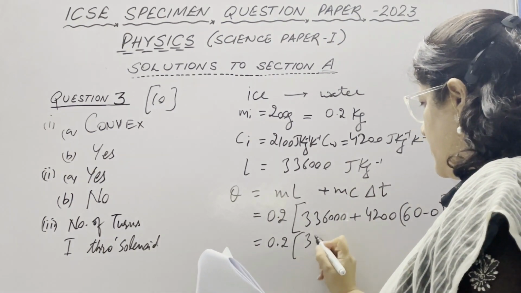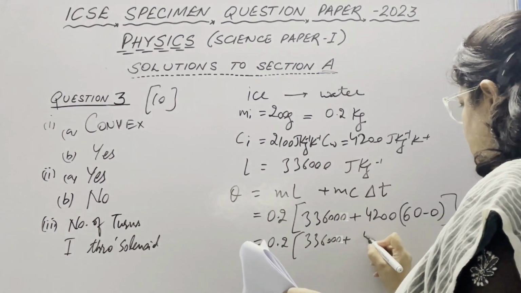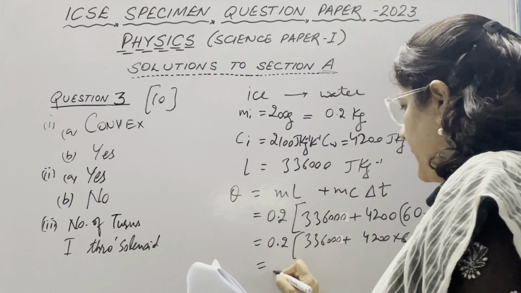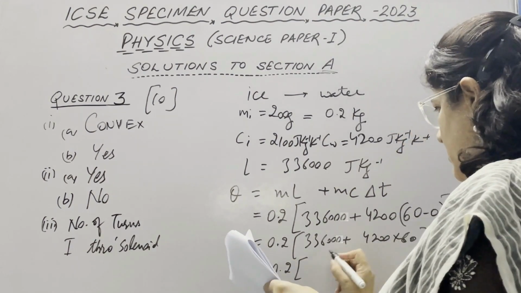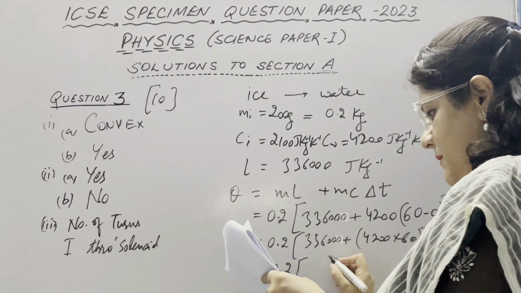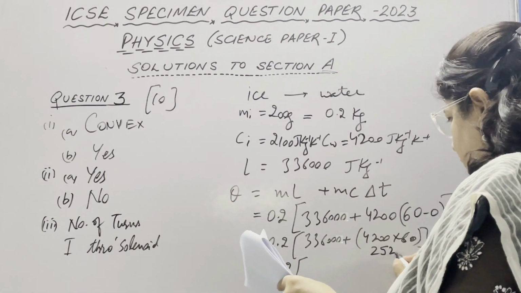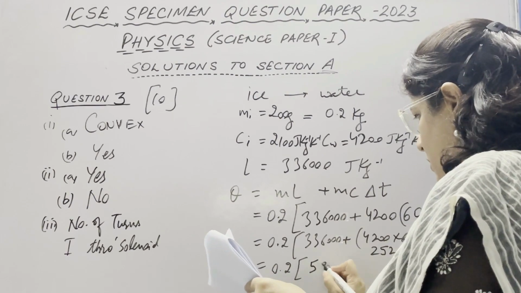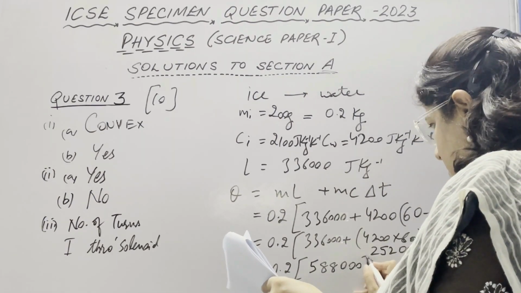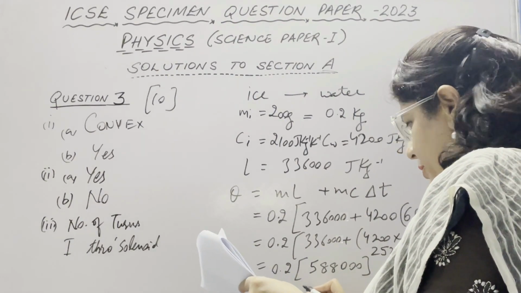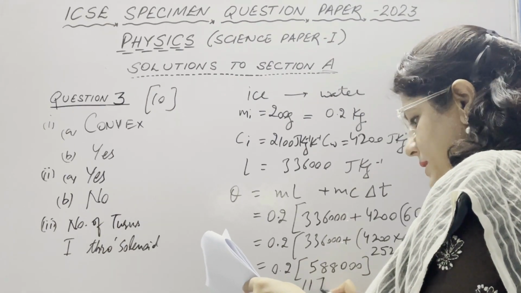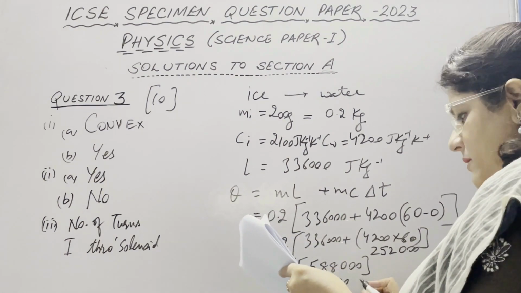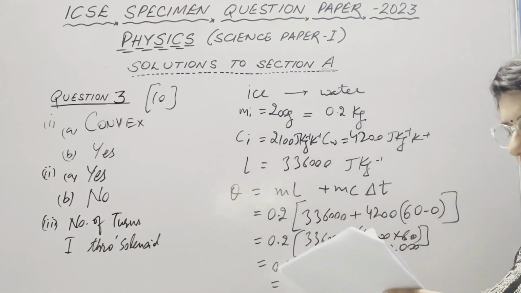So, 0.2 times 336,000 plus 4200 multiplied by 60. 4200 times 60 comes out to be 252000, and addition of this gives us value 588000. Multiplying by 0.2, value comes out to be 117600. So, 117,600 joule is the energy required.